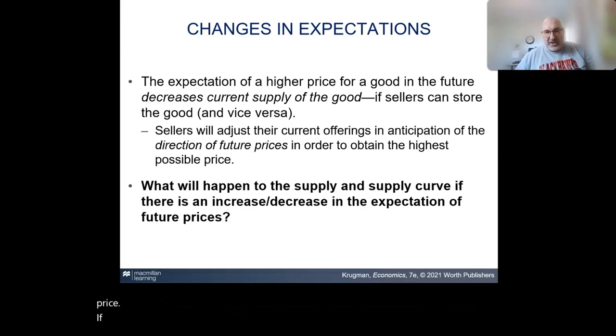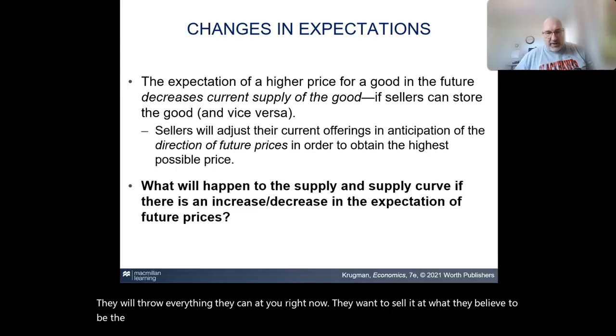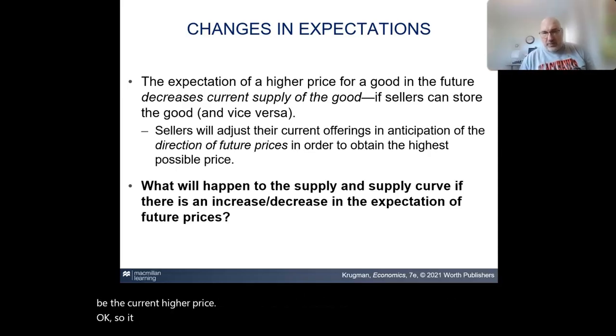If they believe the price is going to go down in the future, they will throw everything they can at you right now. They want to sell it at what they believe to be the current higher price. So it is all about what you believe to be the higher price, the future price or the current price.